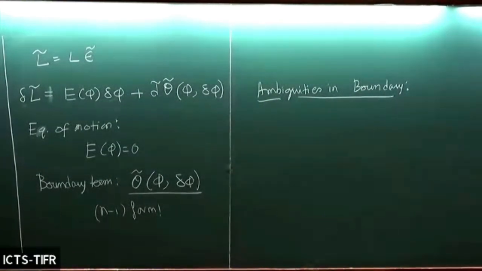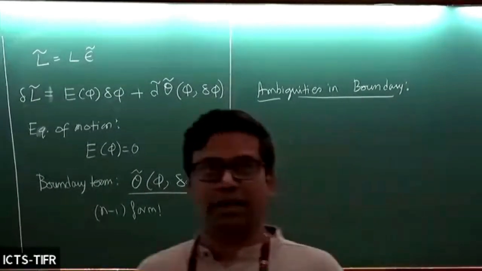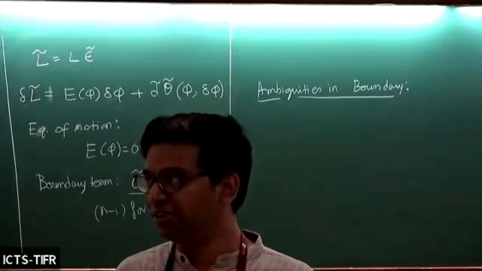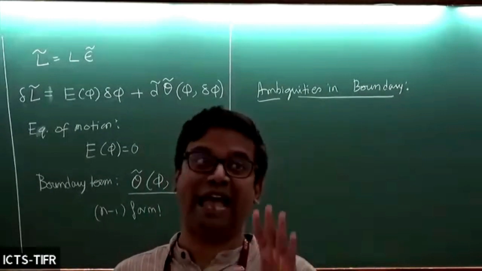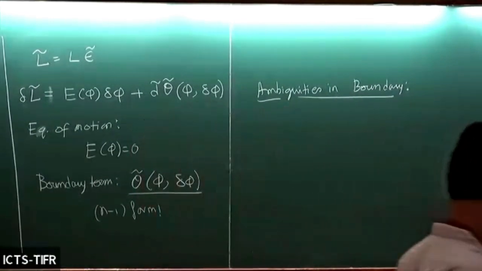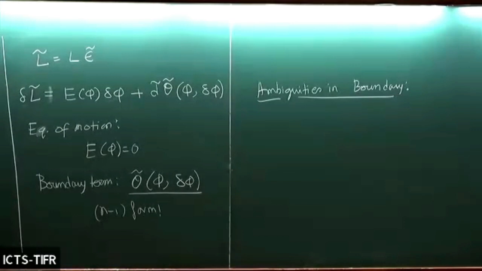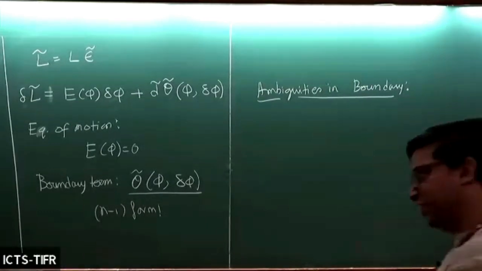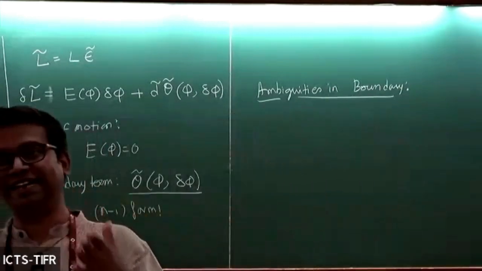Okay, these ambiguities are important because we will see in the construction of the first law, ultimately these ambiguities will affect what is called the Noether charge and the Noether current. But thankfully, because of some technical assumption related to the structure of black hole spacetime, ultimately these ambiguities will not affect the black hole entropy.